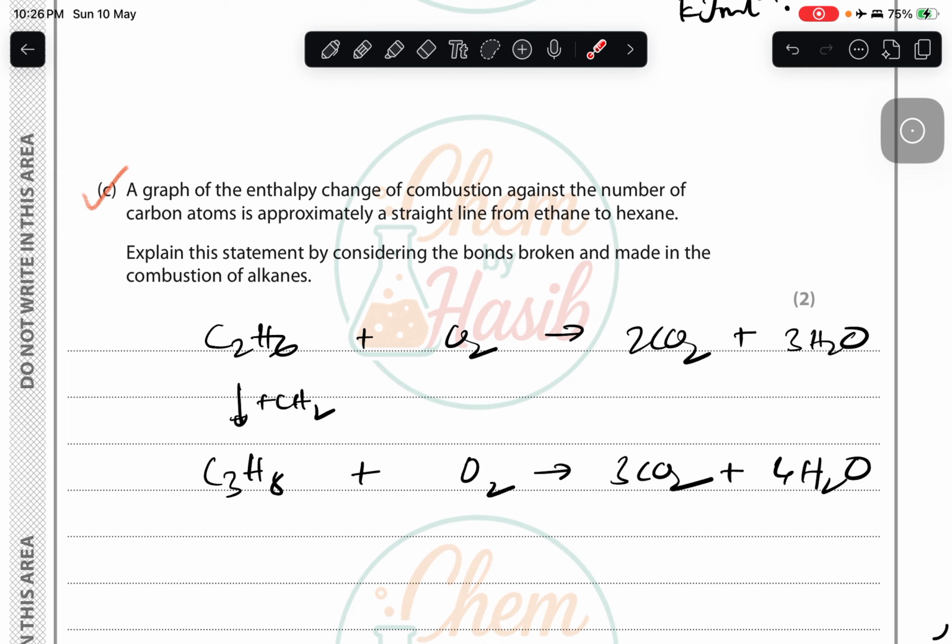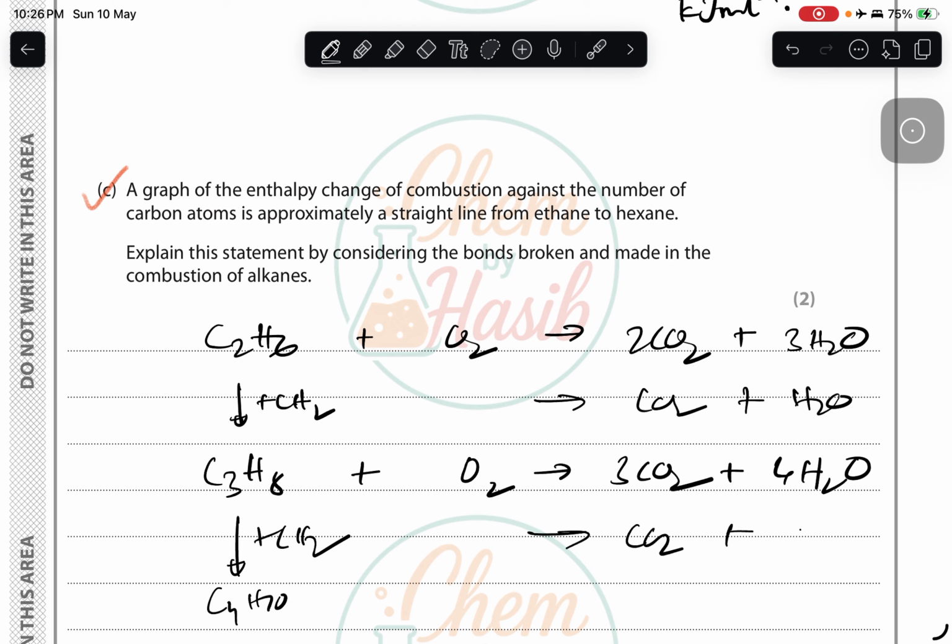Each formula increases by CH2. The next member is C4H10, so it also increases by CH2. If you carry out combustion of CH2, CH2 would form one carbon dioxide and one water, right?